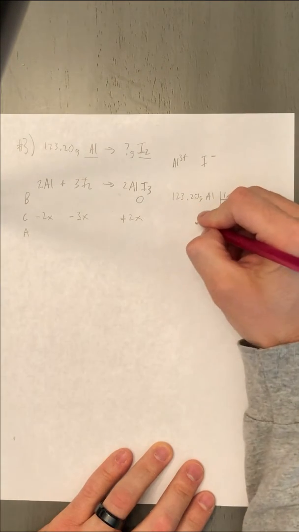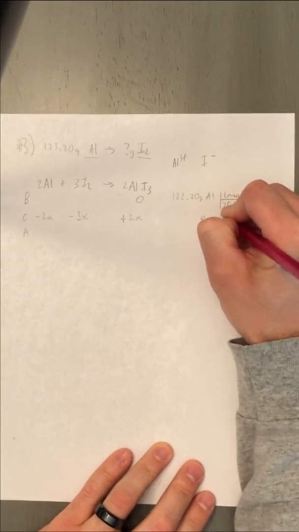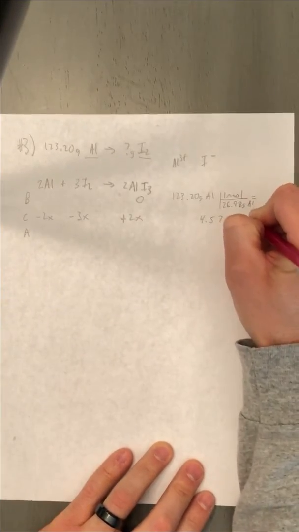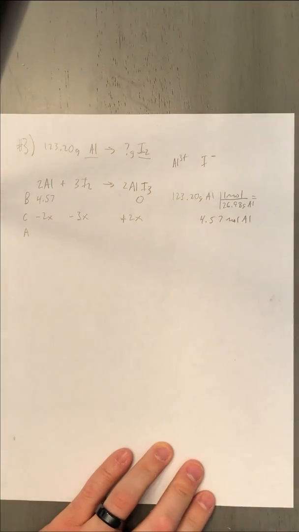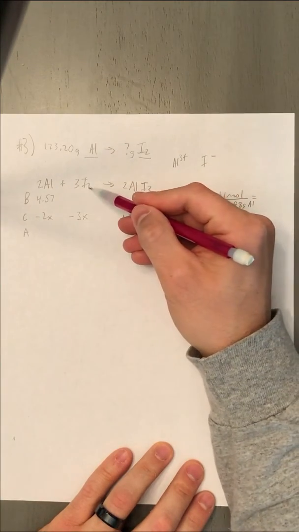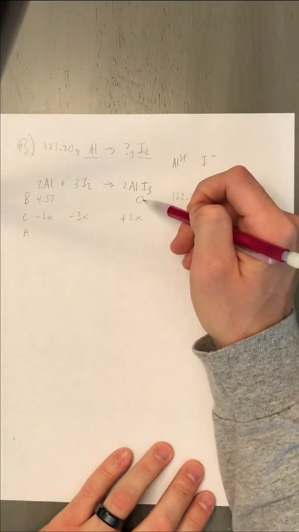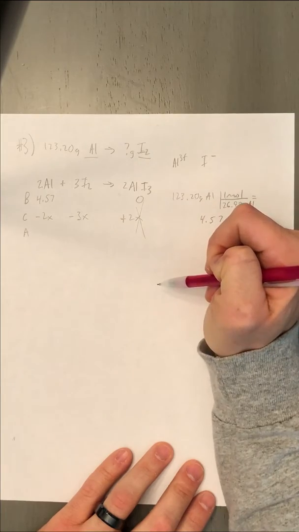And we should get 4.57 moles of aluminum. And so now we can plug that number in here. The question wants to know how many grams of iodine we need. And so here we're looking at how much of another reactant we need, so we really don't need to look at this part.